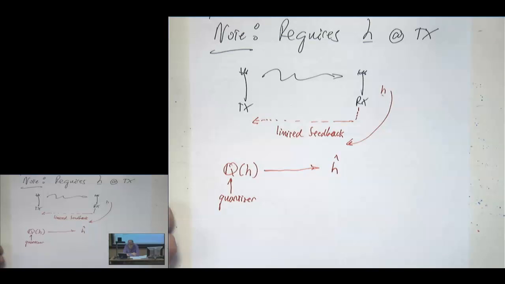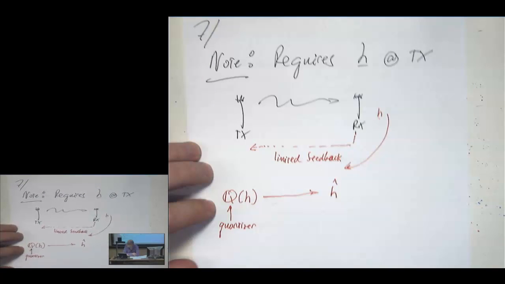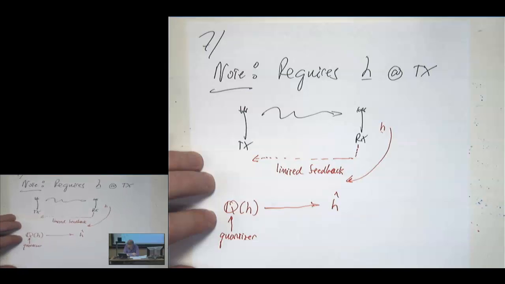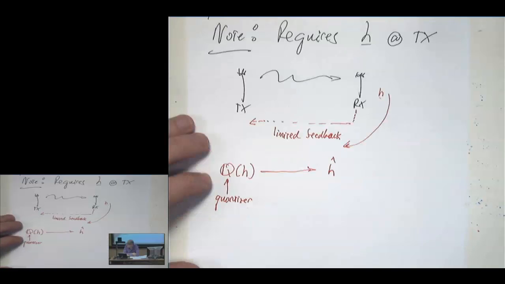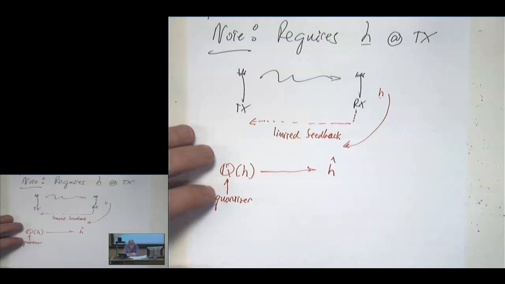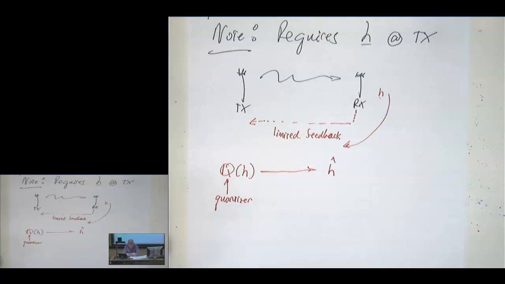Any other questions? Yes? Are the different channel estimates, H1 to HND, related to each other if we know the space and the location? You're talking about multiple transmit antennas, multiple receive antennas? Which one?